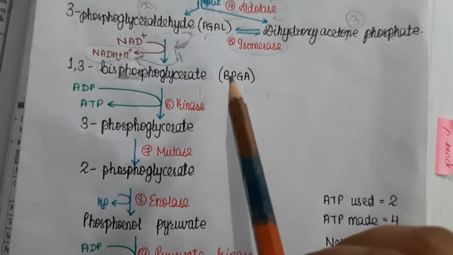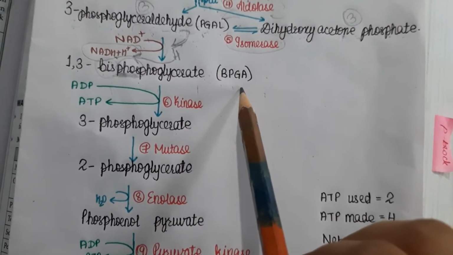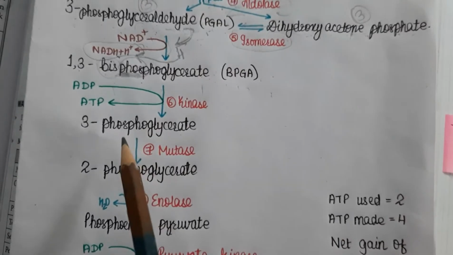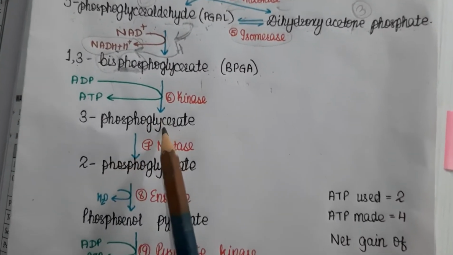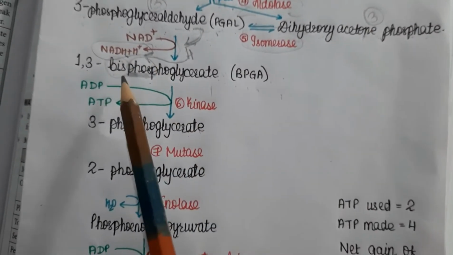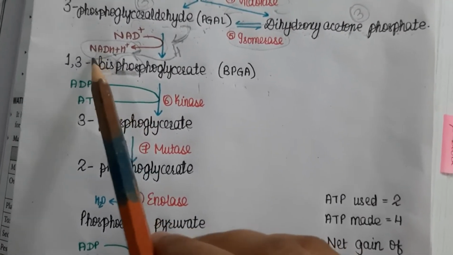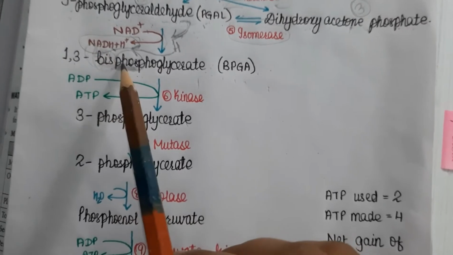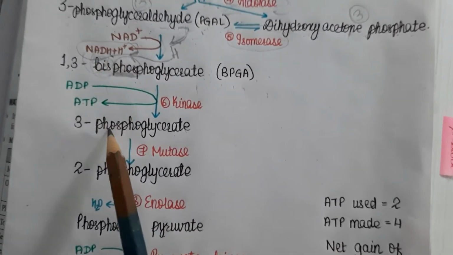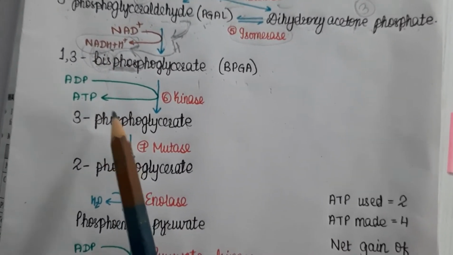Now this bisphosphoglyceric acid has to make 3-phosphoglycerate. Now you see what is happening. Bisphospho, from two phosphate groups which was here, it is converting into one phospho group only.